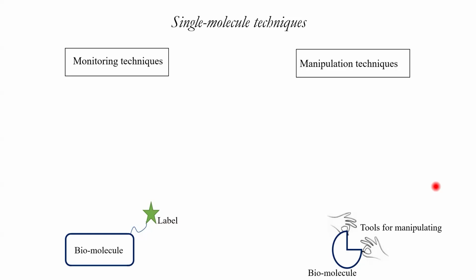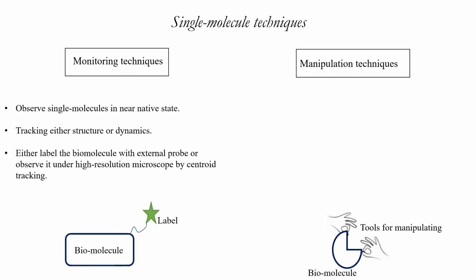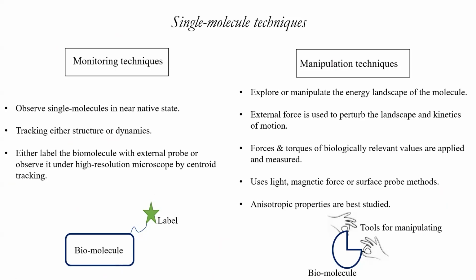So when you have interaction of some form of energy with matter, people are calling it spectroscopy, and that is why it is called force spectroscopy, and this is called fluorescence spectroscopy. Fluorescence spectroscopy will help you in monitoring single molecules, whereas force spectroscopy will help you in manipulating them.